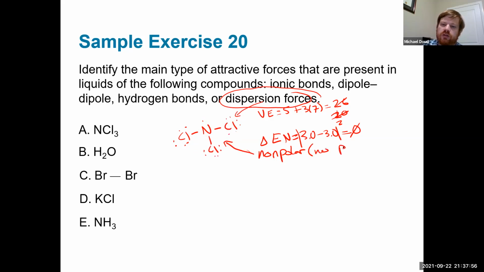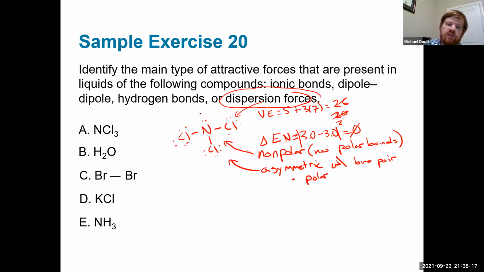So no polar bonds. Okay, but it's asymmetric. Because it's asymmetric with a lone pair, it automatically gets to be polar. In other words, just think of it this way.